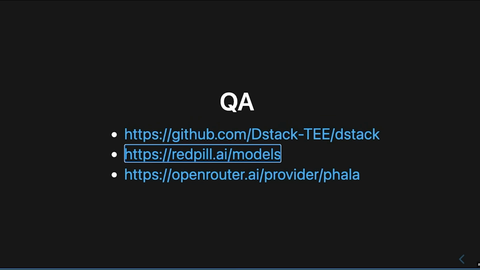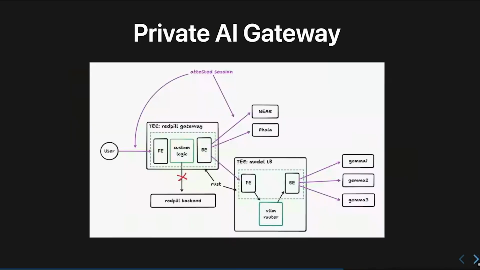Another thing is you want to know what you are buying. So this is the proof side. Like I show here, those purple colored lines mean an attested session. So all the sessions give you not only the encryption, but also the proof. You can see what's running on the target. So for example, this is NEAR.